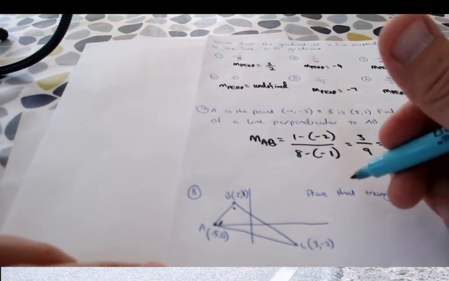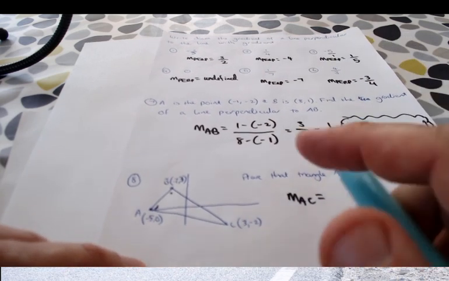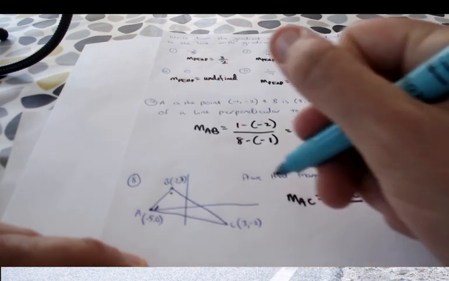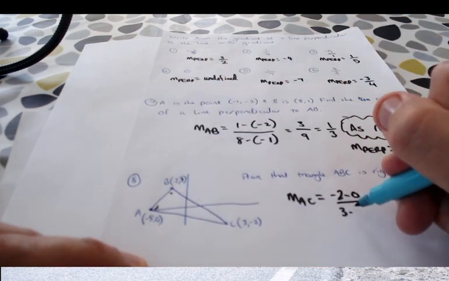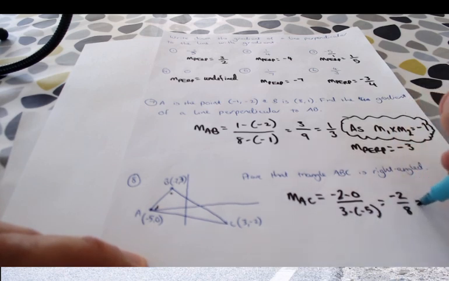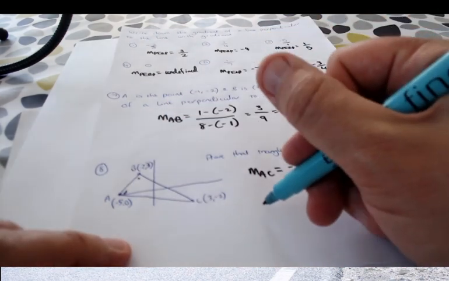First things first, the gradient of AC is -2 take away 0 over 3 take away -5, which gives me -2/8, which is -1/4. Now I'm going to work out the gradient of AB.